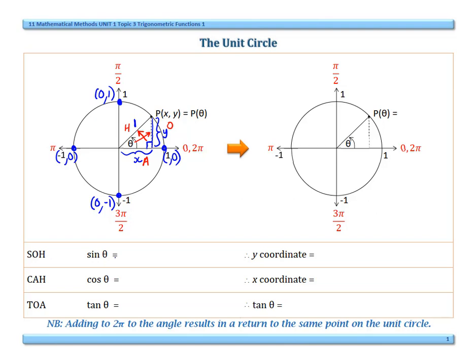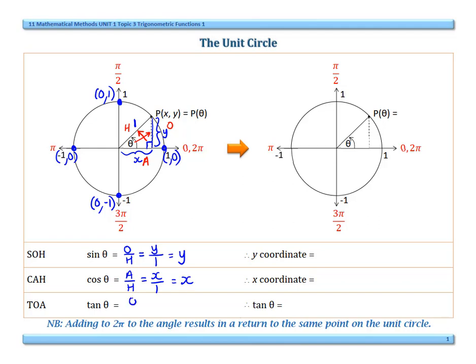So let's look at our trigonometric ratios. Sine theta is opposite over hypotenuse. My opposite is my y over my hypotenuse, which is 1, so that's just y. Cos theta is adjacent over hypotenuse. Adjacent is x, and my hypotenuse is 1, so it's x.